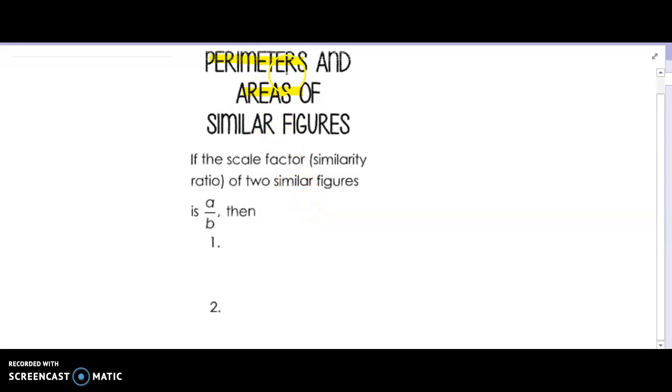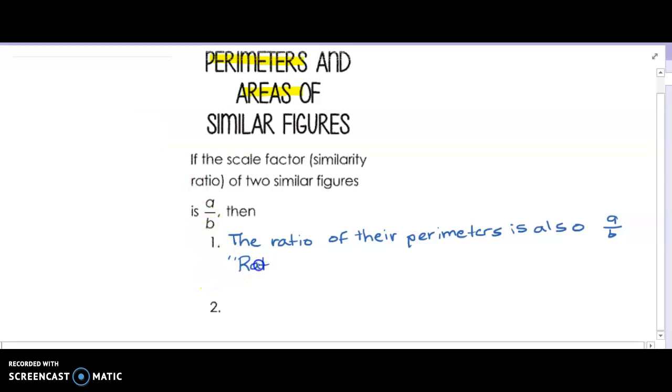All right, so if the scale factor of the two figures is A over B, then the ratio of their perimeters is also A over B. In other words, the ratio of the perimeter is the same as the ratio of their sides.